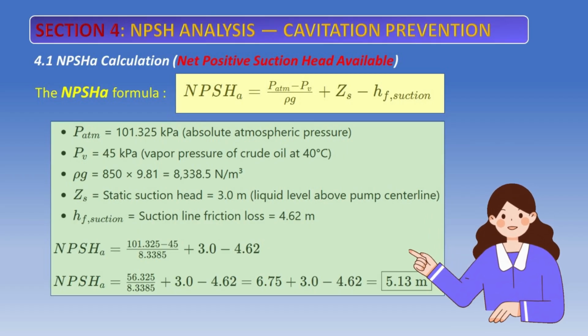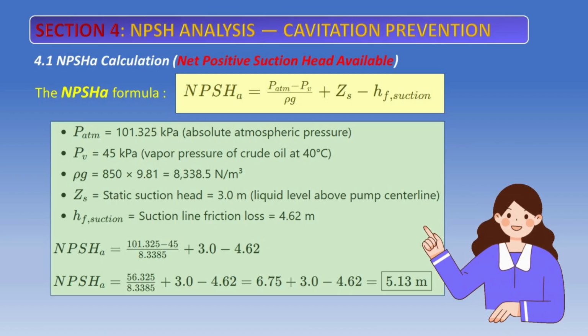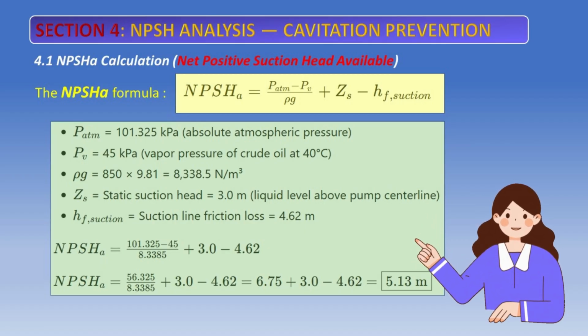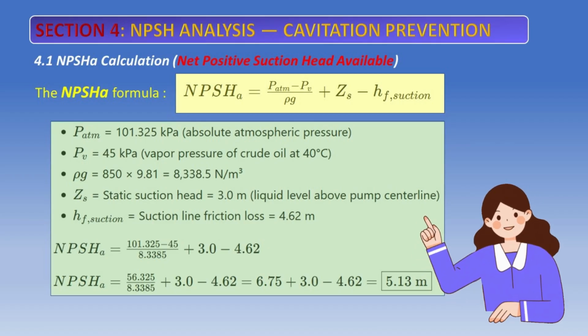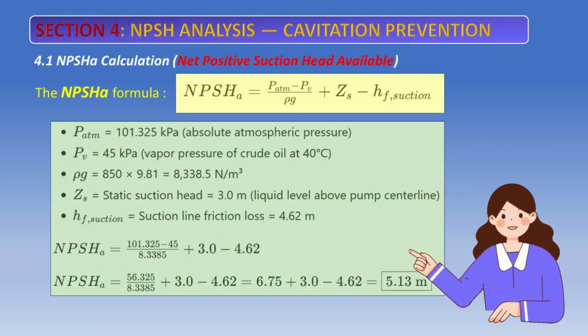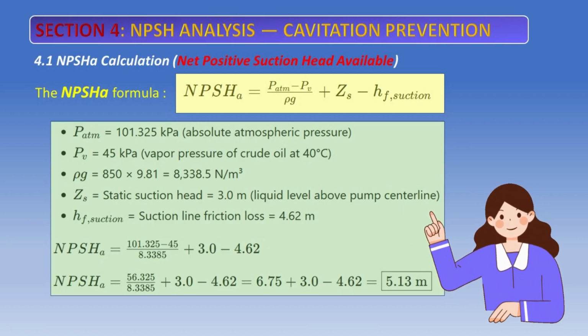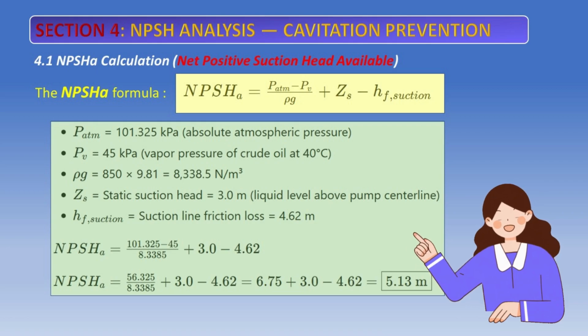We use the formula NPSHA equals (P atmospheric minus P vapor) divided by rho g, plus Zs, minus hf suction. The first term converts the difference between atmospheric pressure and vapor pressure into head.